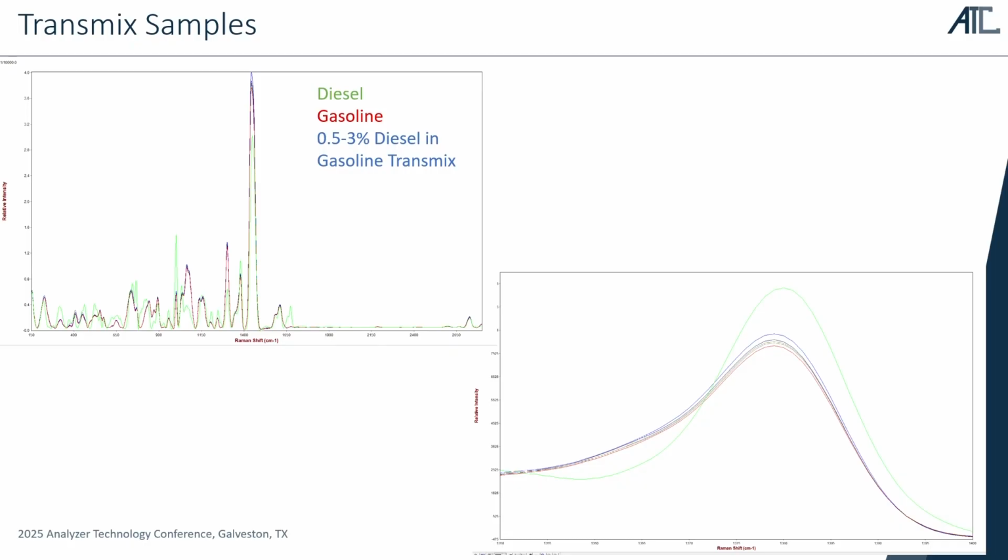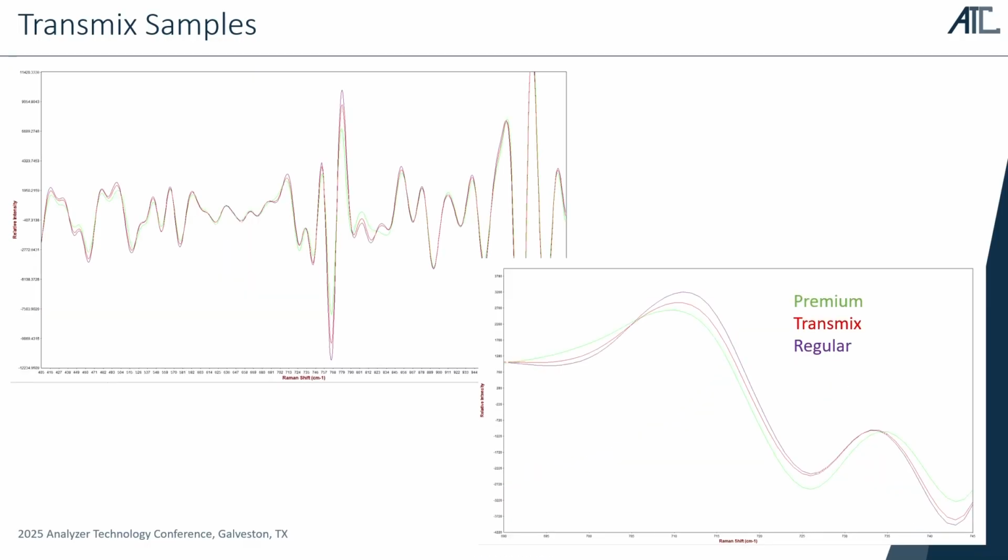And then we looked into 0.5 to 3% diesel in gasoline and see that there is an increase of those diesel-specific bands with increasing concentration of diesel in gasoline. And we did a similar experiment for premium and regular, where we distinguish between those two first, and then what happens if they are mixed. Is there a difference in the spectrum? And the answer is yes. It's initial studies, so it is ongoing. We are still collecting more data, but the first scans of this look very promising.